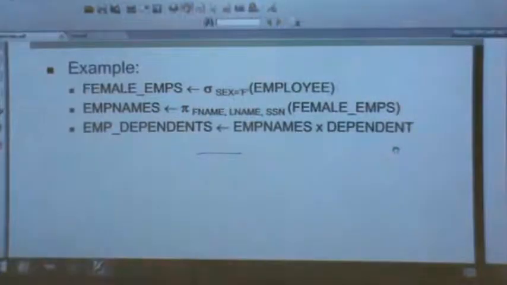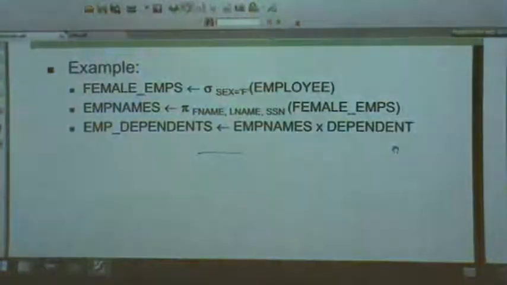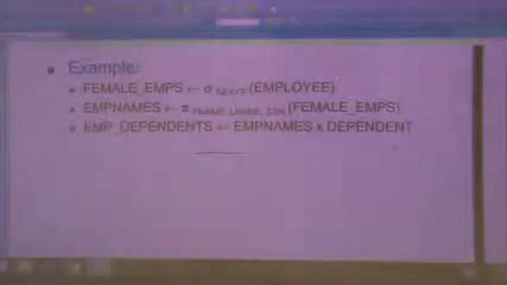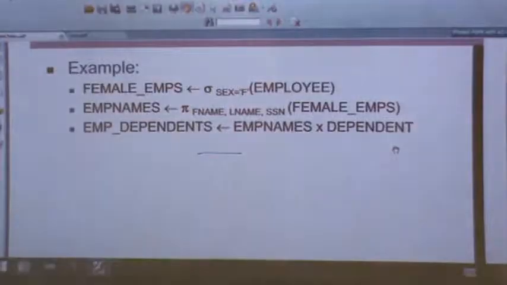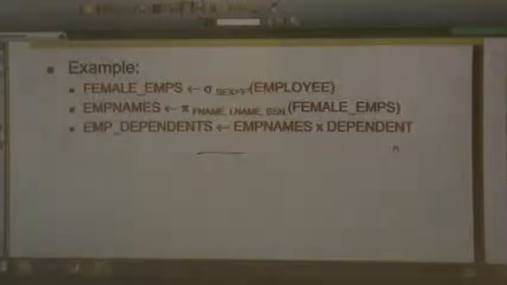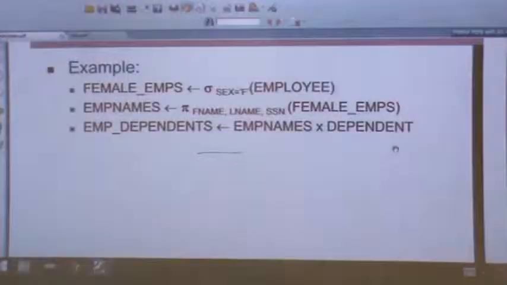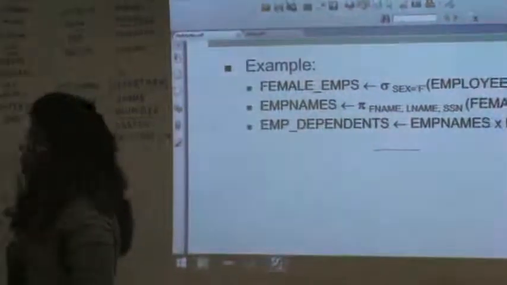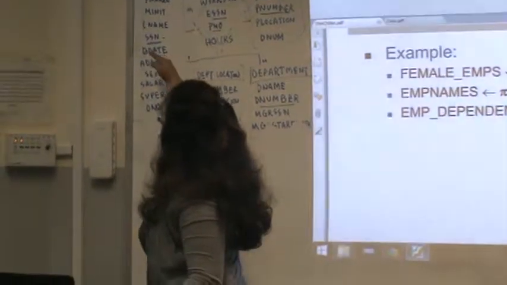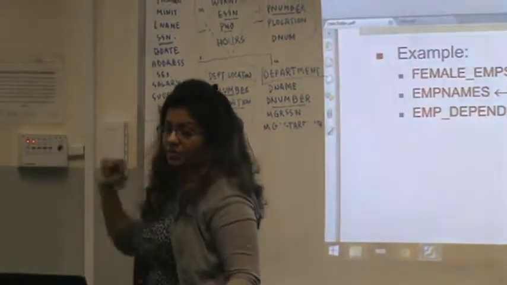So, female employees from all the employees, and the dependents. Employee dependents is a separate table, which has only the dependents, all of those who depend on the employee.